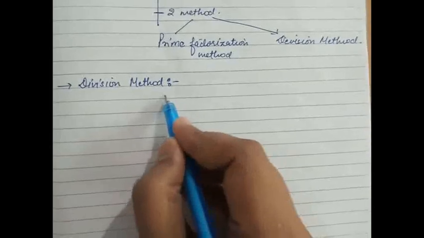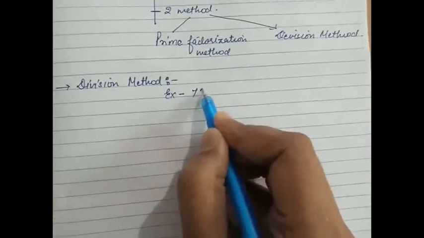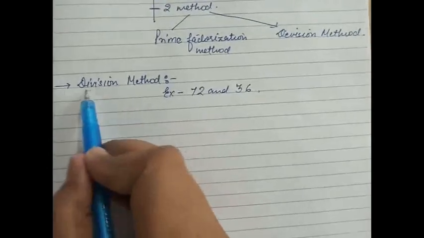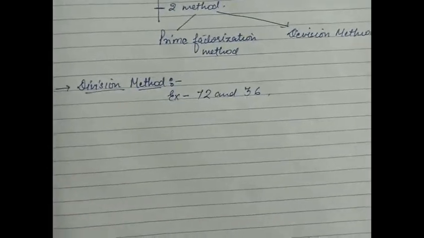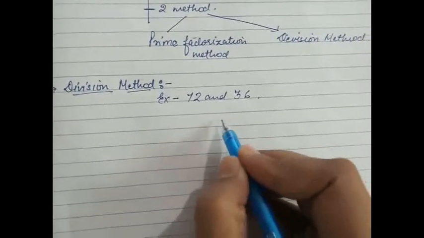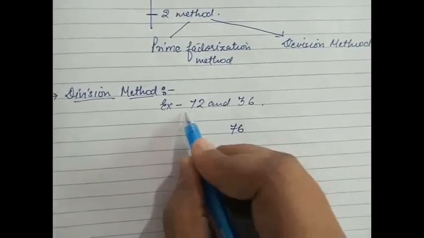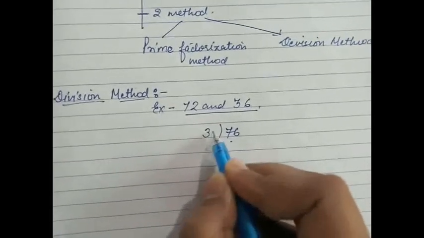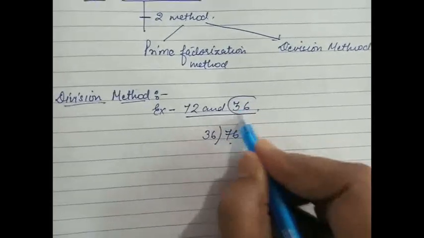Here is the division method. We will take the same example, 72 and 36. We will learn how to find the HCF of numbers with the help of the division method. The greatest number is written inside and we divide it by the smallest number.